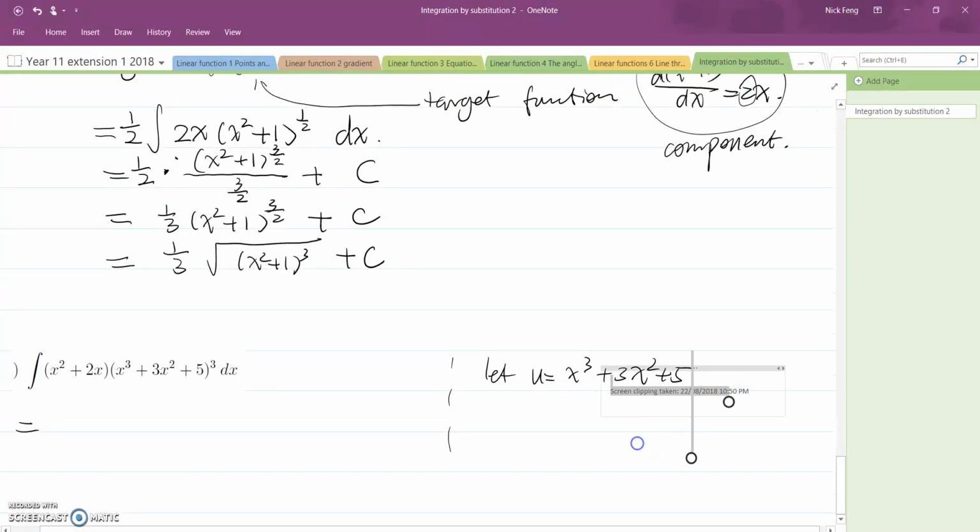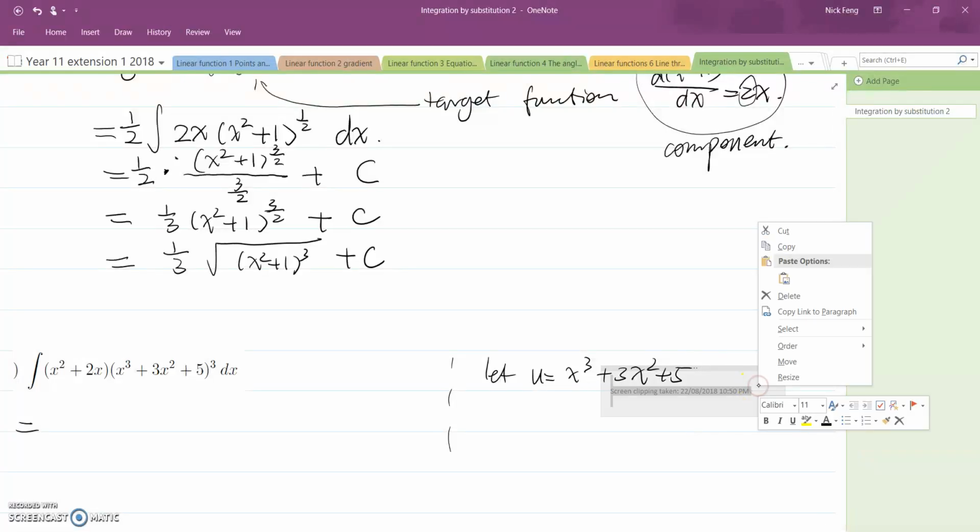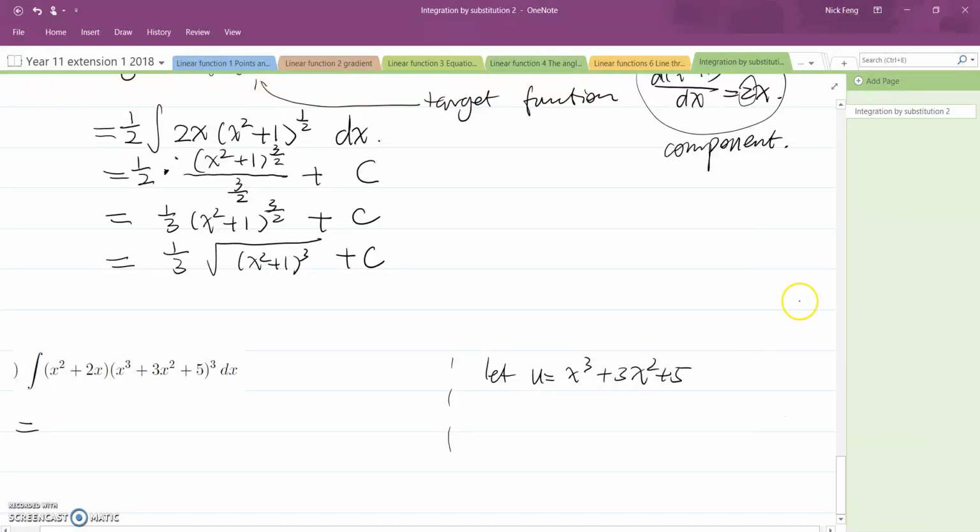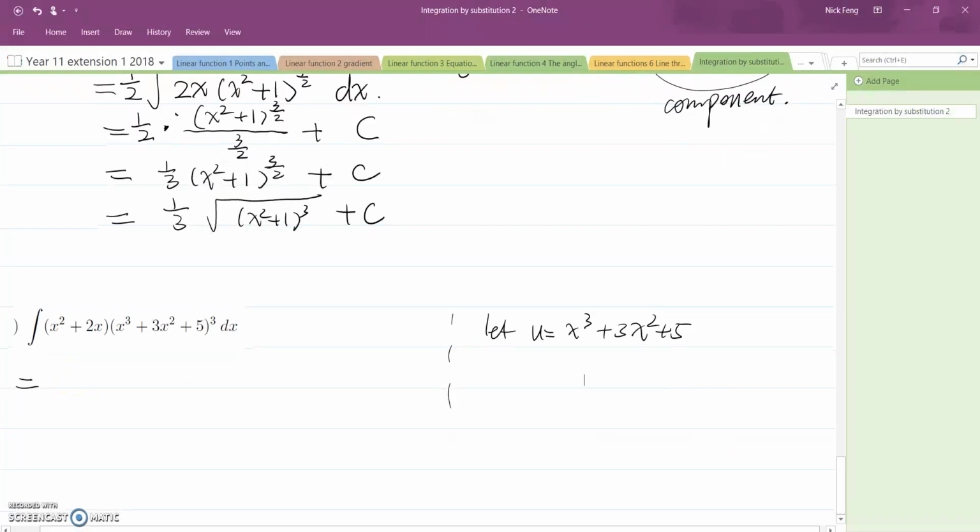Okay, so integration by substitution, therefore, now, just let du equal to blah, blah, blah, and then you make up whatever at the front. However, now, I'm not doing this.